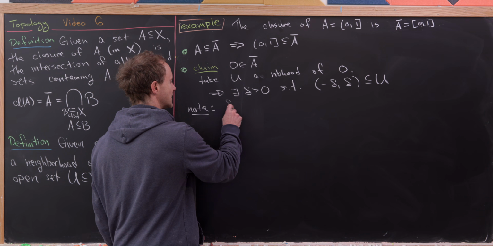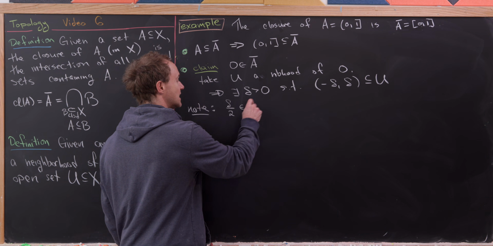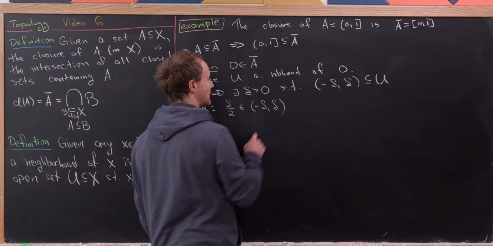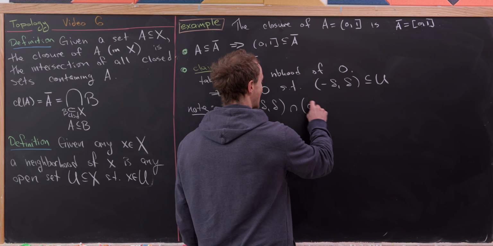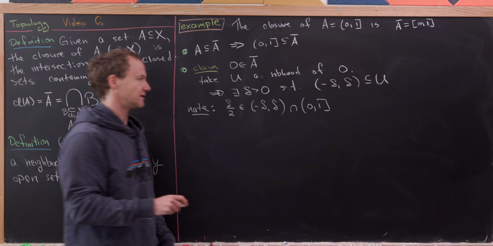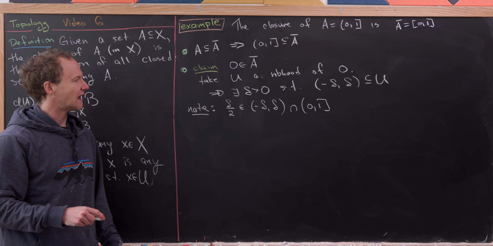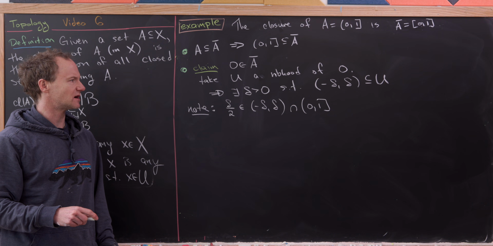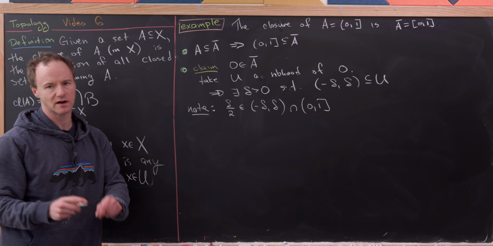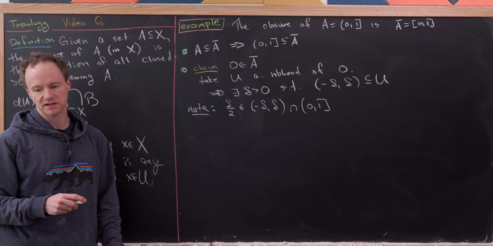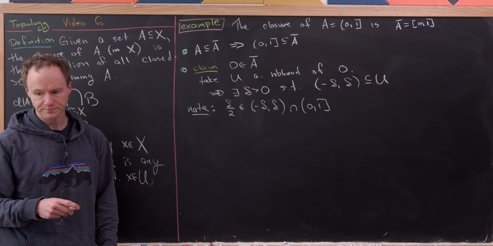And that is that if we look at delta over 2, that's going to be on the interval from minus delta to delta. And it's on the half open interval from 0 to 1 because it's bigger than 0. And I guess I should make the point that it's less than 1. We could encode that here, but generally we think of delta to be a small number.